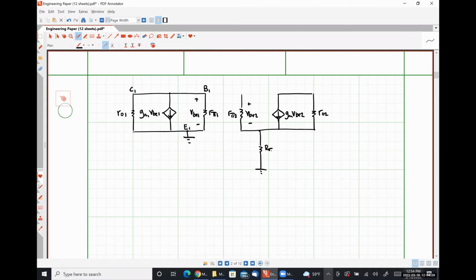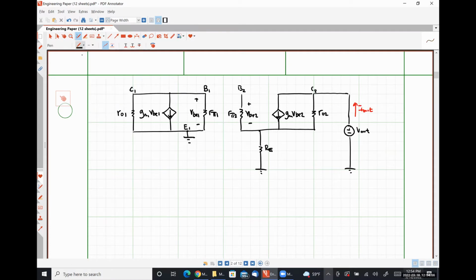Here is RE. Let's see, this is the base of Q2. This is the collector of Q2. Since I'm finding my output resistance, I'm going to apply a test voltage source, which I'm going to call V out. I'm going to determine this current I out.